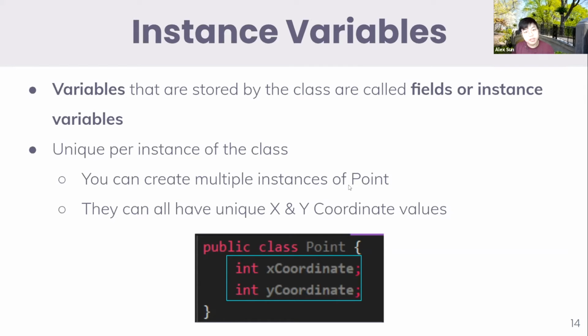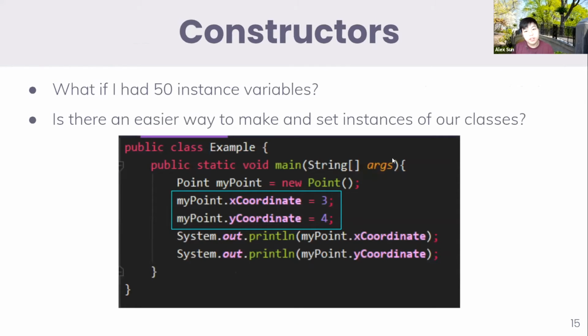More fancy words. All right. So now the question is, what if we weren't just storing a point? What if we were doing something that had 50 different instance variables? Or maybe not 50, but a lot. For example, what if a coordinate point stored more than that?